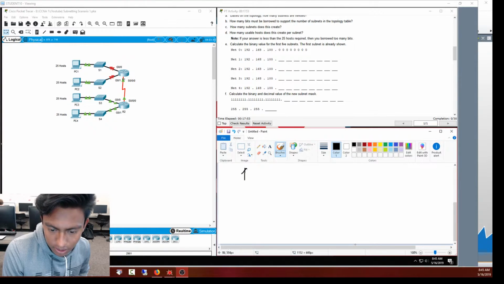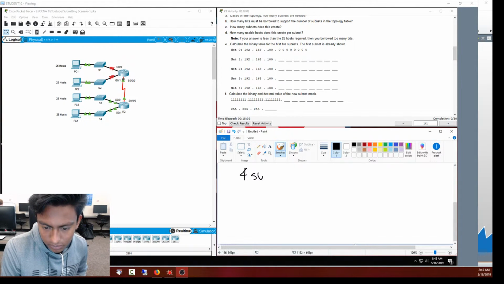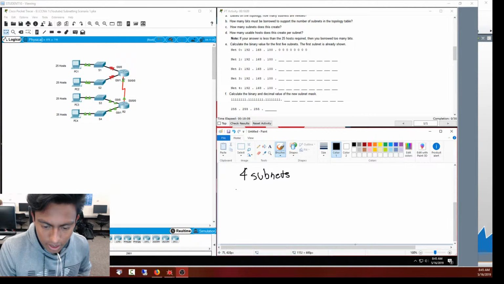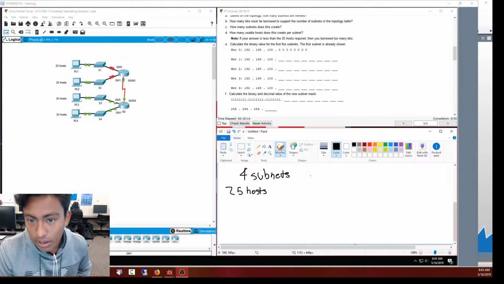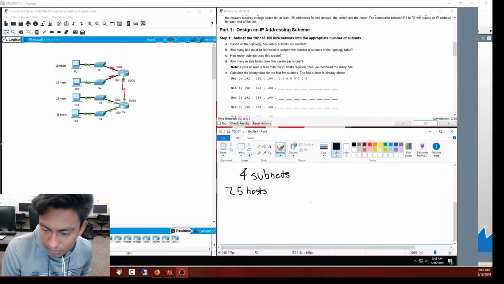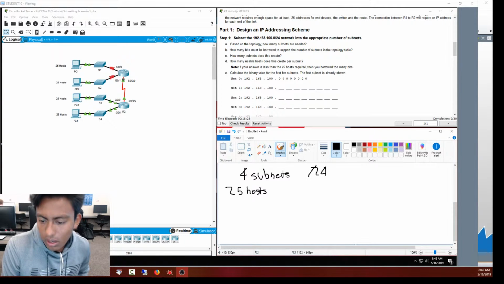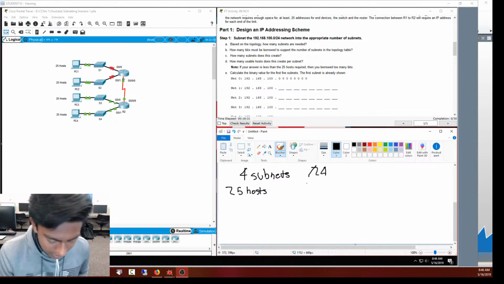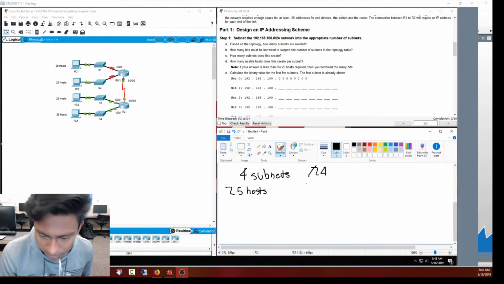Since we need 4 different subnets, each needing 25 hosts minimum, and we're starting off with a /24 as shown above, we're going to have to break it up. I had already done this previously, and we're going to need to borrow 2 bits in total.